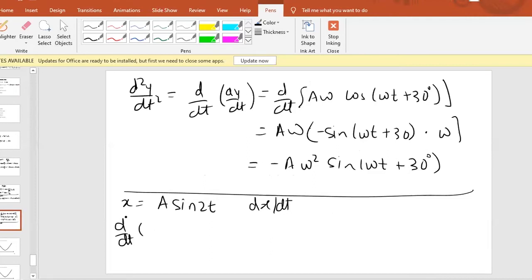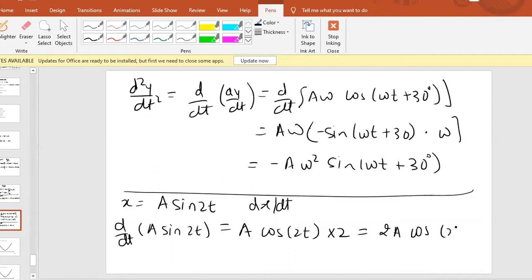Here again it is a function of a function. Sine is one function, 2t is another function. A is constant, which can be taken outside. Differentiation of sine is cos 2t. Then differentiation of 2t with respect to t is 2. So the answer will be 2a cos of 2t.